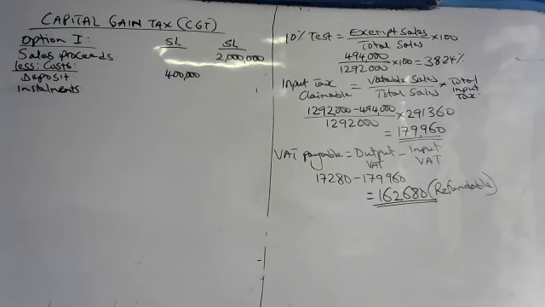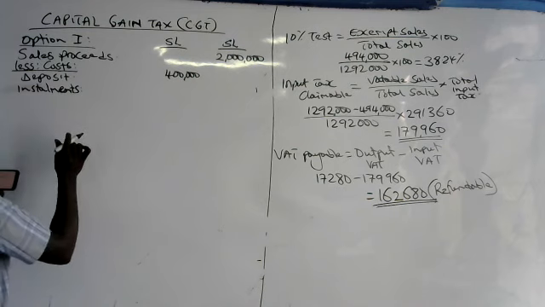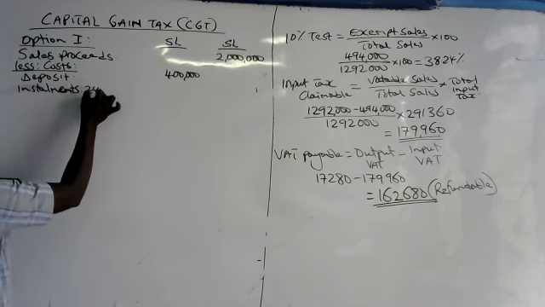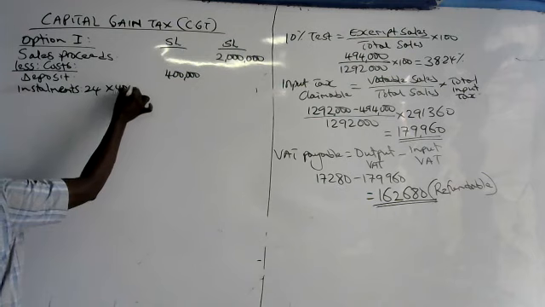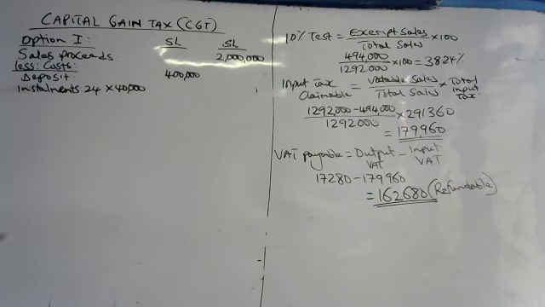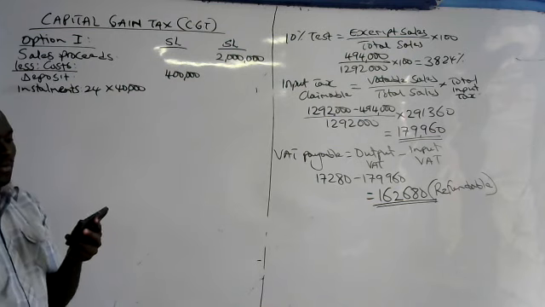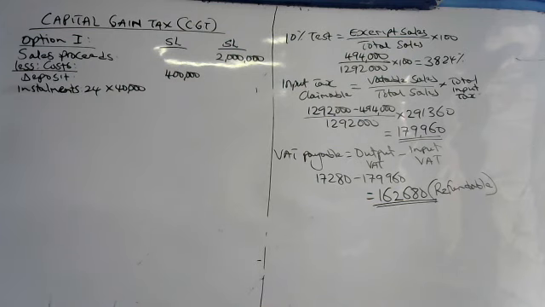We will also pay the installments. How many installments can we make by the time of sale? 24. So 24 times 40, monthly installment of 40k, inclusive of 16,000 per month here.